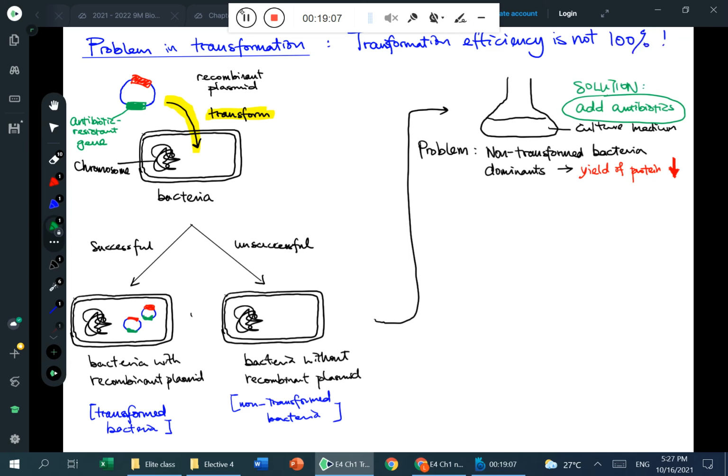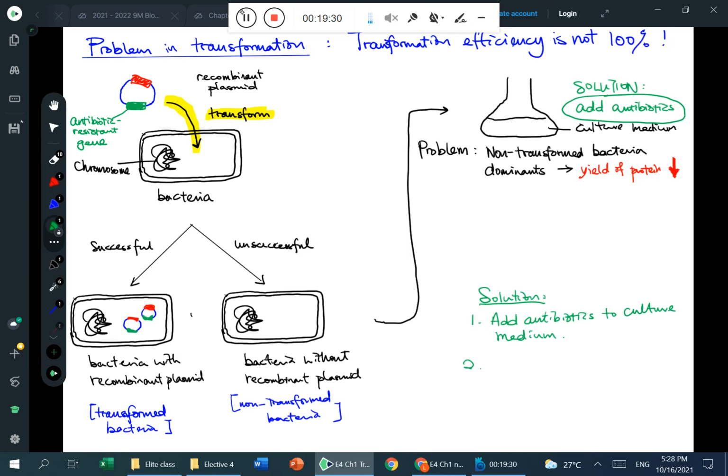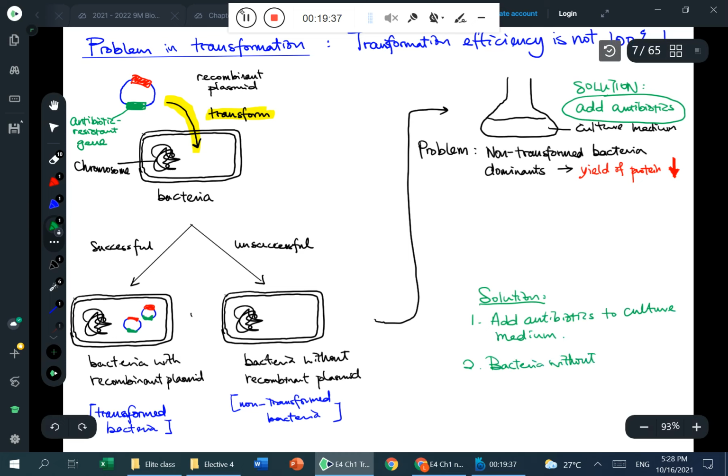When you add the antibiotics to the culture medium, what will happen? You can imagine the non-transformed bacteria without the recombinant plasmid are killed.